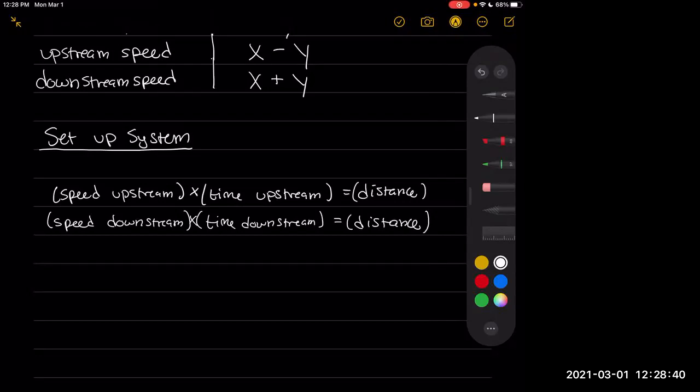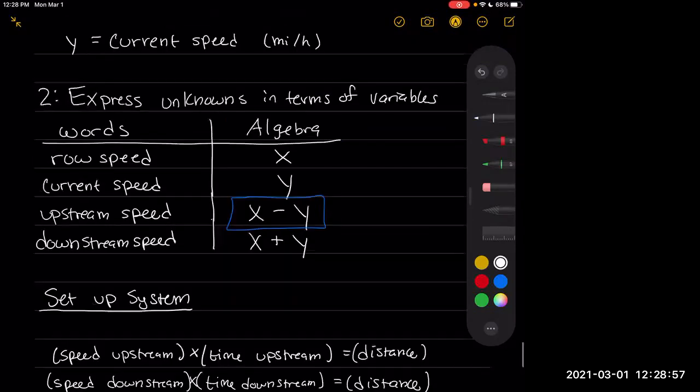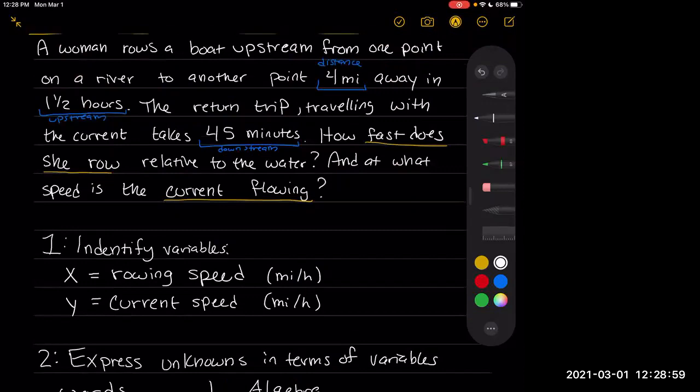So for our first equation, speed upstream, that is going to be represented by this equation. So we're going to have x minus y times the time upstream. Time upstream was 1.5 hours.